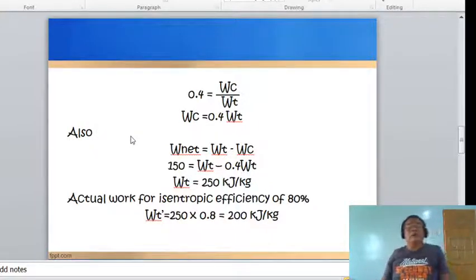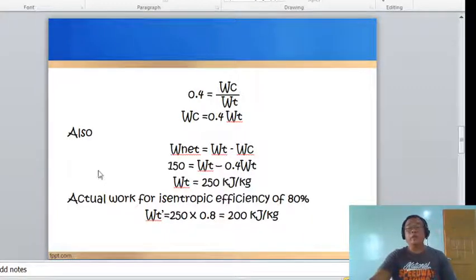So now, class, applying the isentropic efficiency of the compressor and the gas turbine. For the turbine work, of course, if there is an inefficiency in the system, the work will reduce.